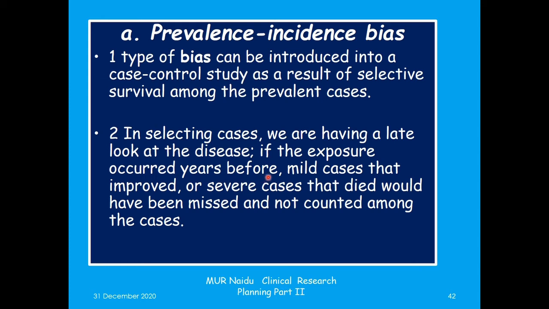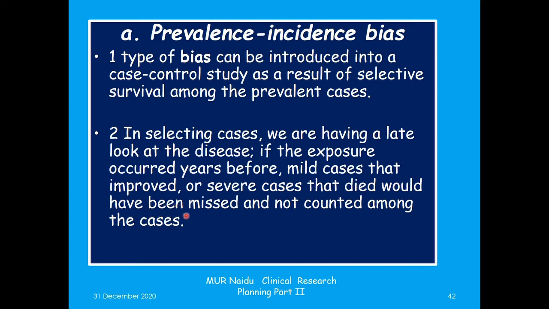In that situation, most of the mild cases might already have improved or been cured, or the severe cases during the previous 2 to 3 years might have already died, and we don't have the data.